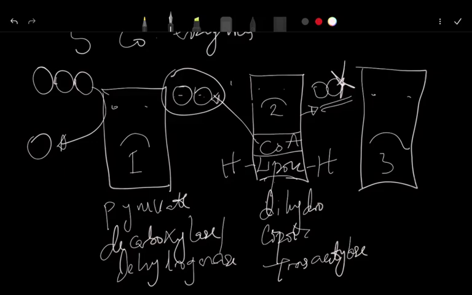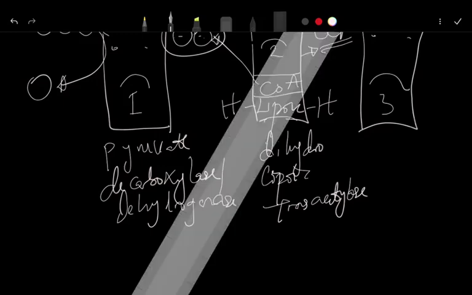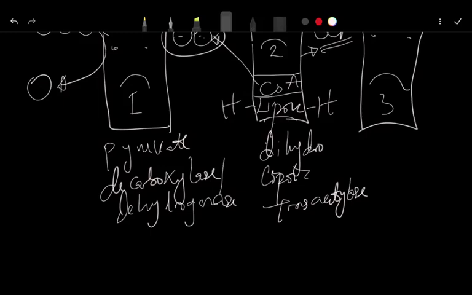Now the third enzyme, enzyme 3, still has 2 coenzymes attached to it. Let me put it here. Enzyme 3 still has 2 coenzymes attached to it.